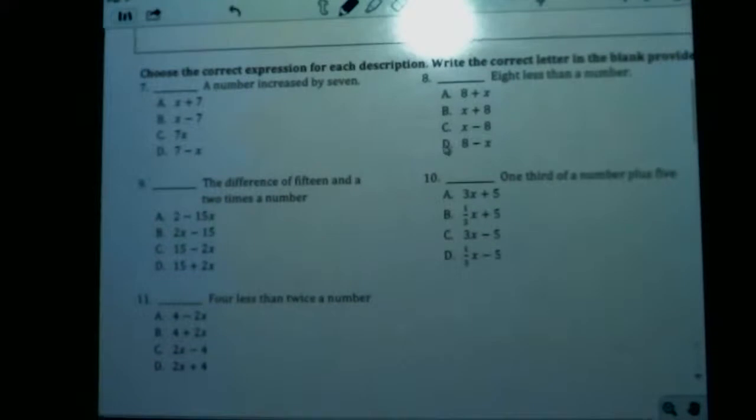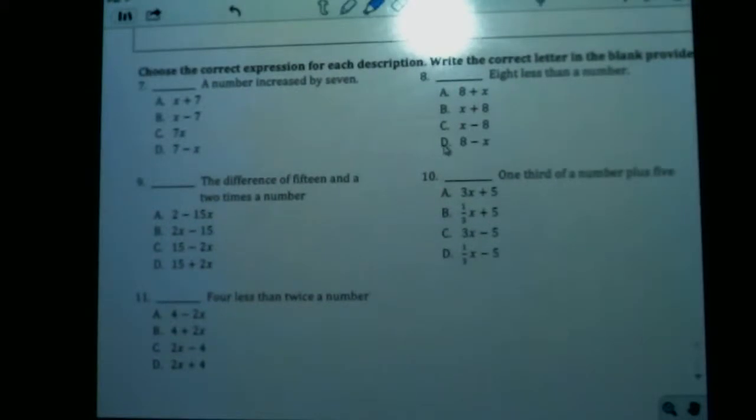All right, let's just talk about this. Increased. Which operation is that? Add, subtract, multiply, or divide? If something is increased, it's add. Addition, people. What about 8 less than? Less than means to do what? Add, divide, multiply, subtract?